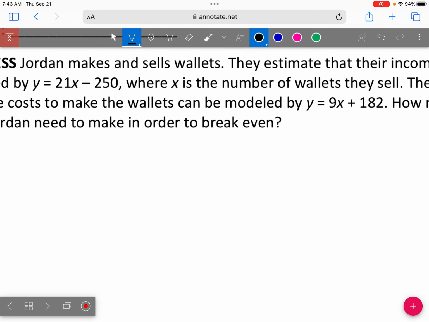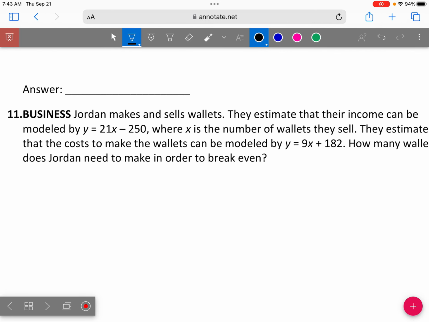So we've got Jordan here, who makes and sells wallets. They estimate that their income is modeled by this equation, y equals 21x minus 250, and their costs are y equals 9x plus 182.